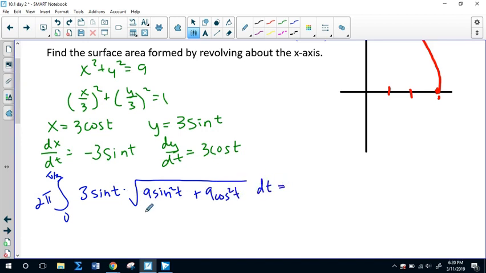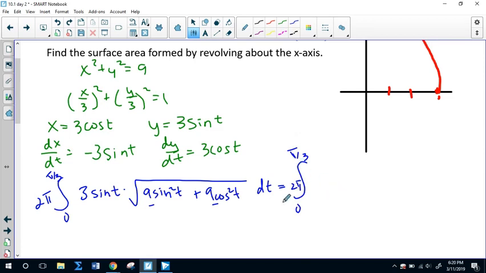I am going to save myself a couple of steps here, and recognize I can factor out a 9. And when I factor out a 9, I can take the square root of 9, and I'm left with sine squared plus cosine squared under the radical. And I know that sine squared plus cosine squared is equal to 1. So really, I am only left with 2 pi from 0 to pi over 3.